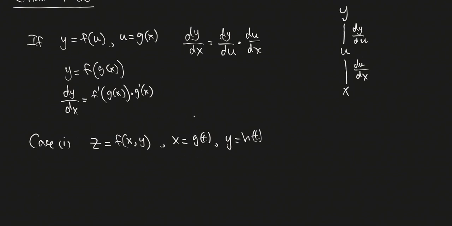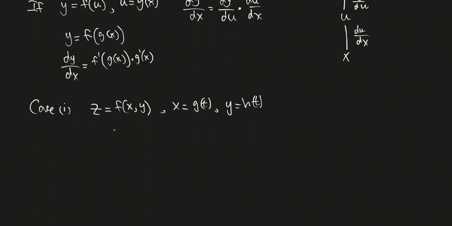So let's start with the visualization. Before I even put any derivatives or anything, let's see if we can set up the hierarchy that would illustrate these variables and the relationship amongst them. So what do we do? Well, we start with this one. We have our variable z.